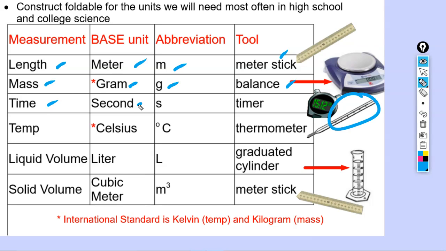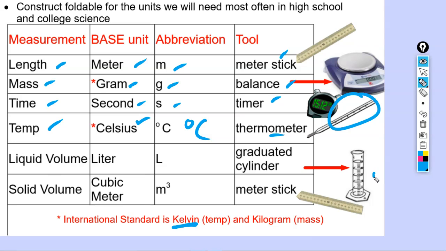Time is measured in seconds using a timer, abbreviated S. Temperature, the international standard for temperature is actually Kelvin, but our thermometers in class read in Celsius, degrees C, using a thermometer. Liquid volume is measured in liters, abbreviated L, using a graduated cylinder.